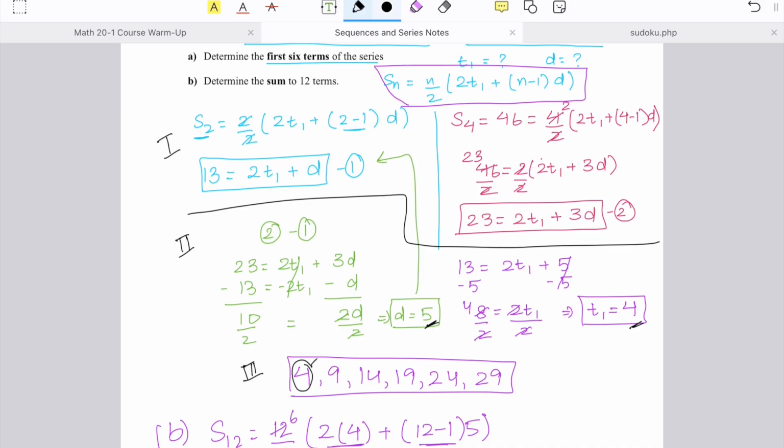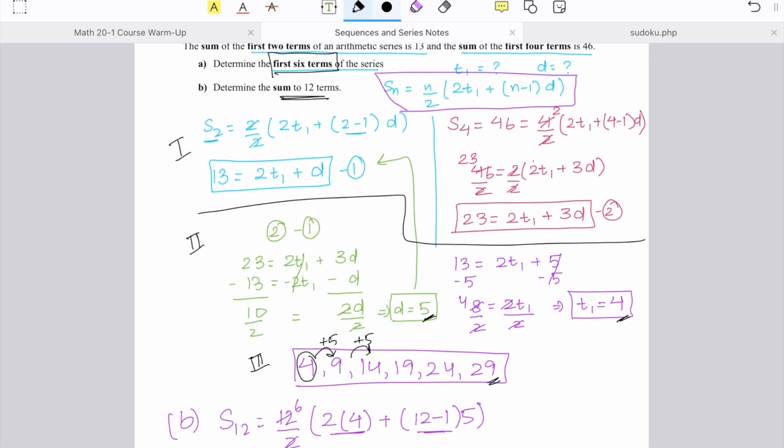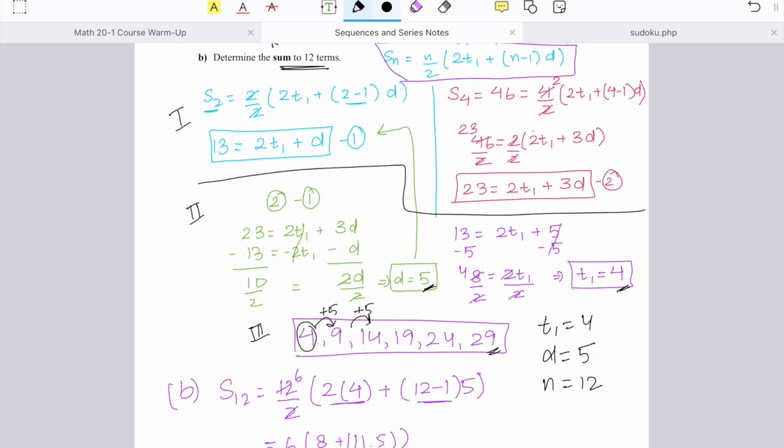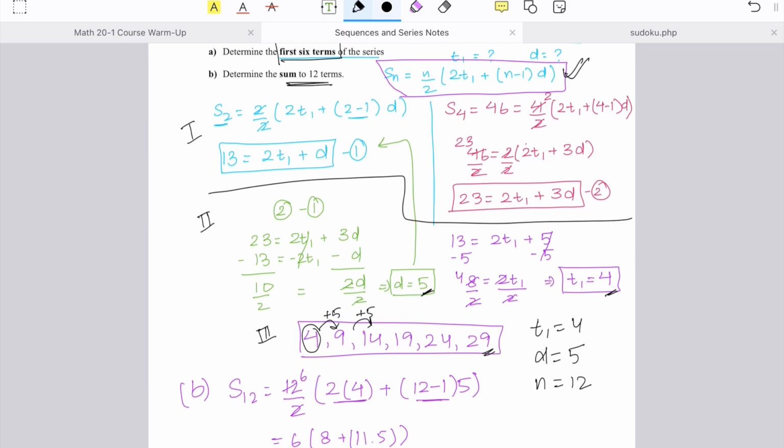So 4 plus 5, plus 5 again, and I found 6 terms because that's what they wanted me to find. And then to figure out the sum of 12 terms, I have my T1, which is 4, D, which is 5, and I have N, which is 12. So I used this formula, which will be on your formula sheet, to figure out what S of 12 is.